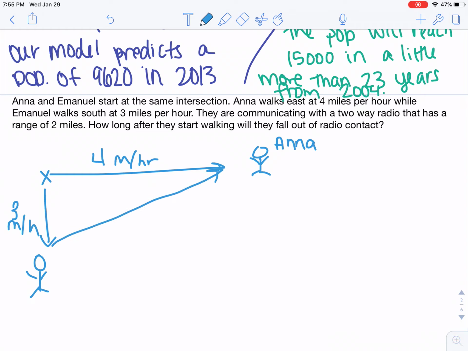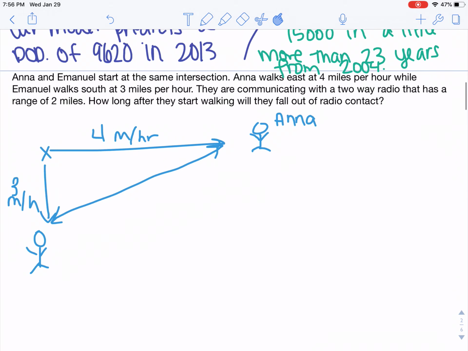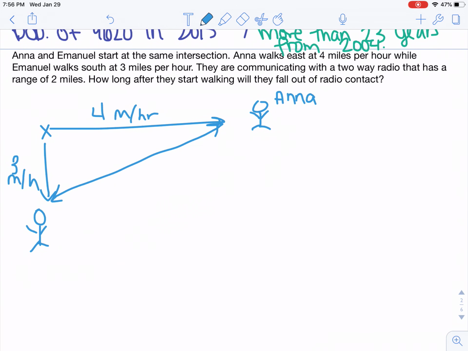And at some point, the distance between them can't get bigger than 2 miles. Okay? Or we want to know when it does get to 2 miles, because that's when they're going to fall out of communication.